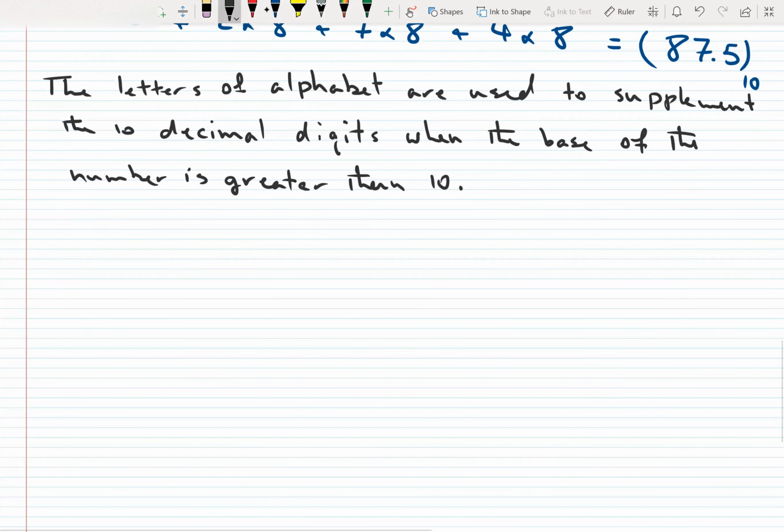Here we want to introduce the hexadecimal base, base 16.